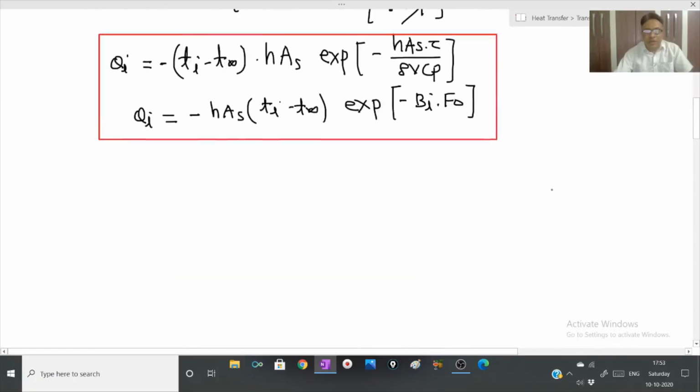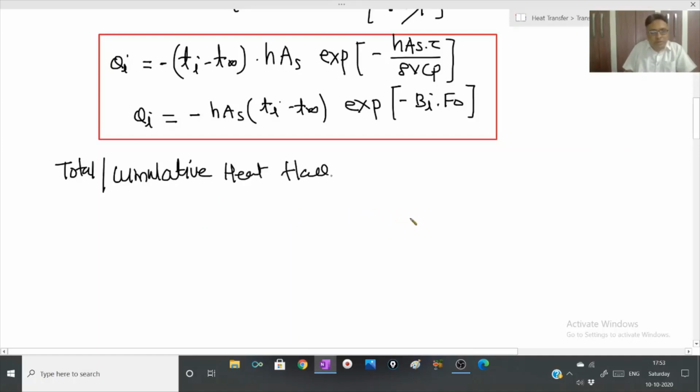Similarly, now let us define the total or cumulative heat flow rate in case of transient heat conduction.